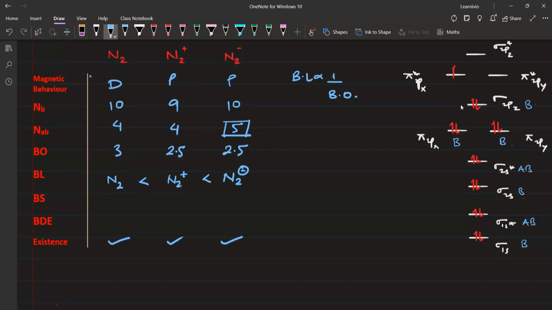अच्छा, अब bond strength जो होगी, it is going to be inversely proportional to the bond length, because bond length जितनी छोटी होगी उसको तोड़ना मुश्किल होगा. So N2 will have the highest, then you will have N2 positive, and then N2 negative. अच्छा, same is the bond dissociation energy, that is the energy. So N2 highest, then N2 positive, and then N2 negative.